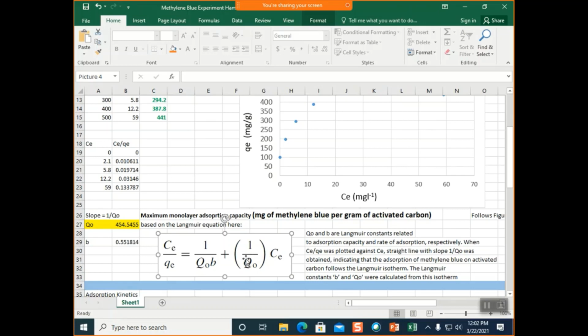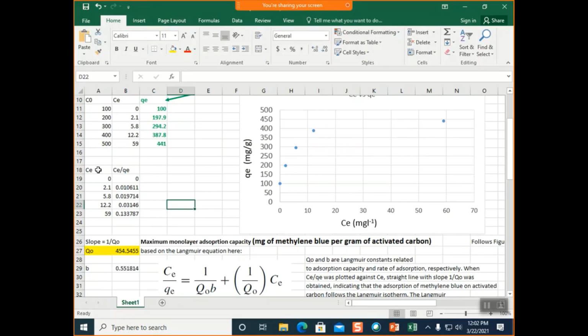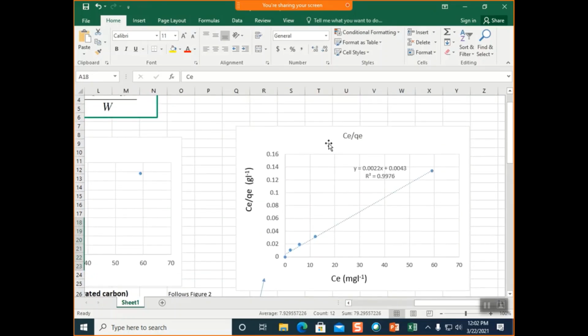And so we're trying to find this number as our slope, to then ultimately derive Q0. That's what we're looking for, this Q0, and that Q0 will tell us how many milligrams of methylene blue can be adsorbed on our 1 gram of activated carbon. All right, so as we plot this, we end up with this graph over here.